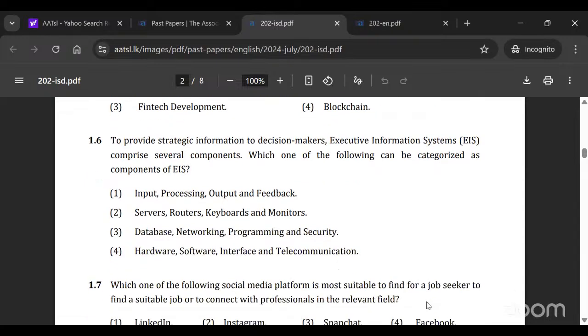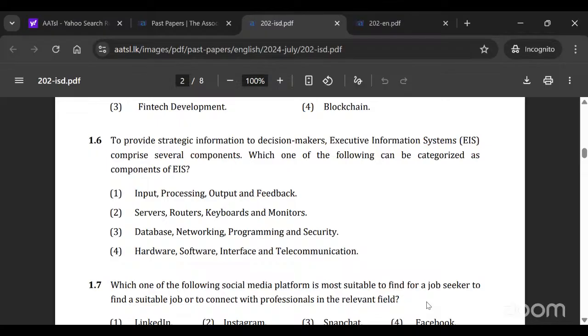1.6. To provide strategic information to decision makers, the executive information system comprises several components.